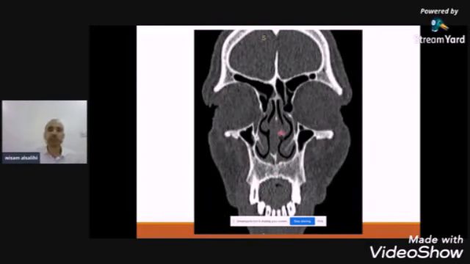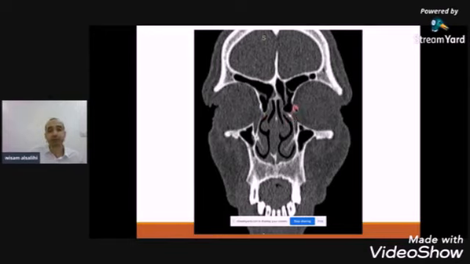More posterior, this is the inferior turbinate, maxillary sinus, nasal septum, and middle turbinate, paradoxical, bending medially, not laterally. This is the agger nasi cell, and the nasolacrimal duct starts to appear here.